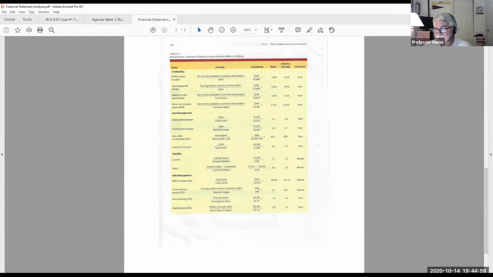inventory, if it's a retail company, inventory, which these companies do sell product, or days sales outstanding, something of their receivable analysis, asset turnover, one of those.